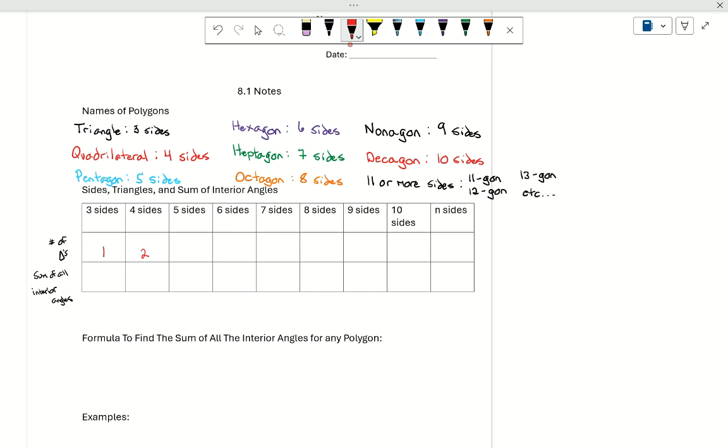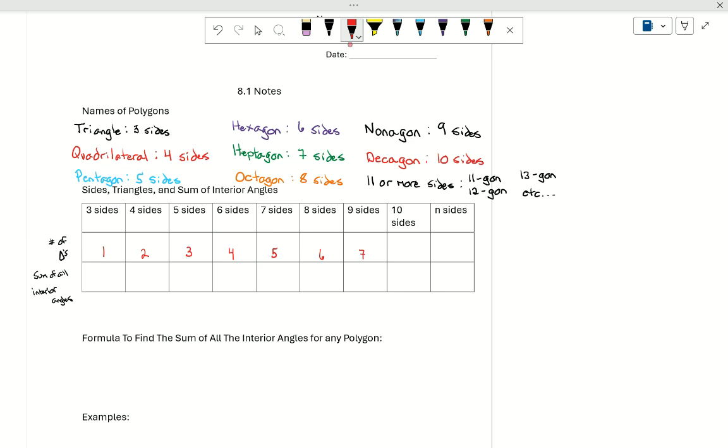When a shape had 5 sides, the number of triangles we were able to create inside that 5-sided shape was 3 triangles. A 6-sided shape, we were able to create 4 triangles. A 7-sided shape, 5 triangles. 8 sides, 6 triangles. 9 sides, 7 triangles.